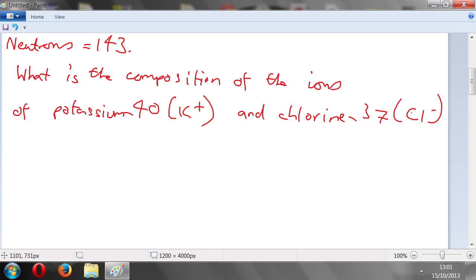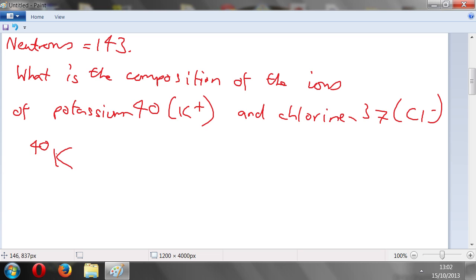All right then, so what do we know first, straight off the bat? Well, we know we're dealing with a positive ion here. So we know we're dealing with K, and we're told that the mass is going to be 40.